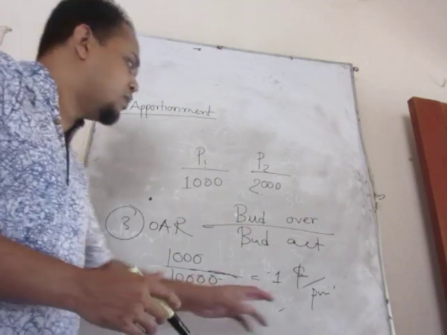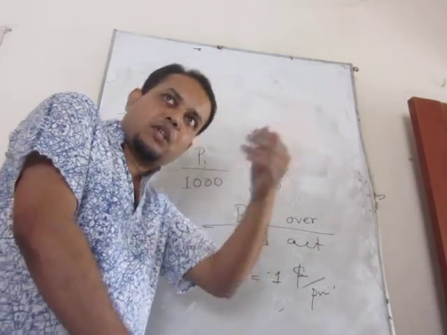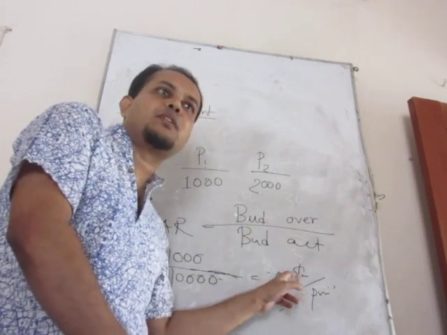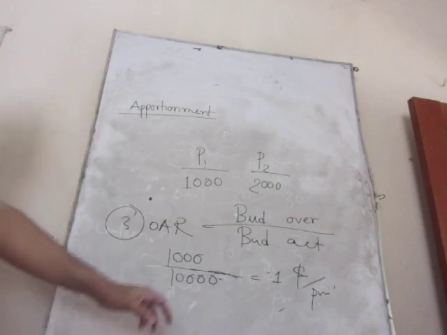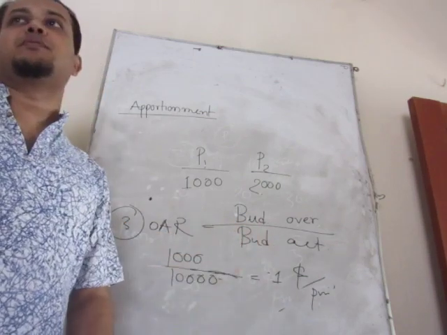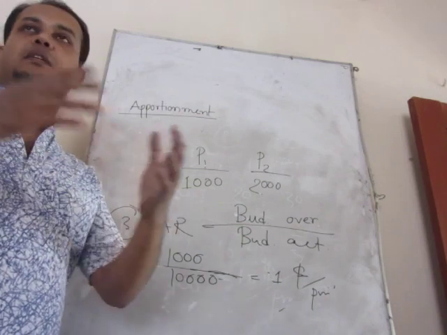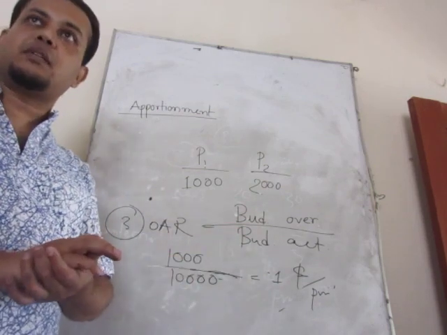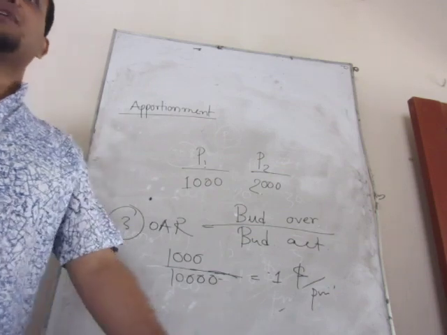That means when you are charging per dollar direct cost, your indirect cost will be $0.1 against that. Clear? So your activity may be number of units produced, number of direct labor hours, machine hours, prime cost, even percentage of prime cost as well.